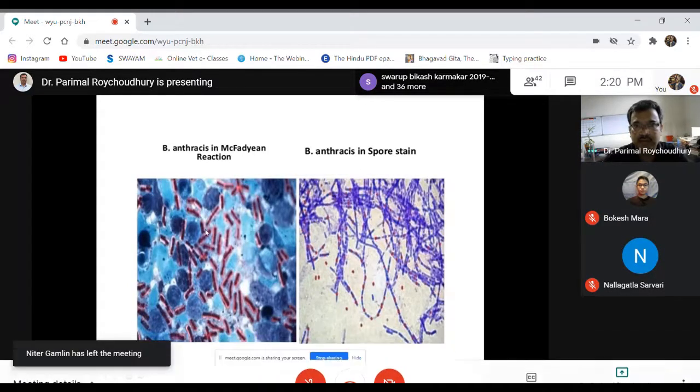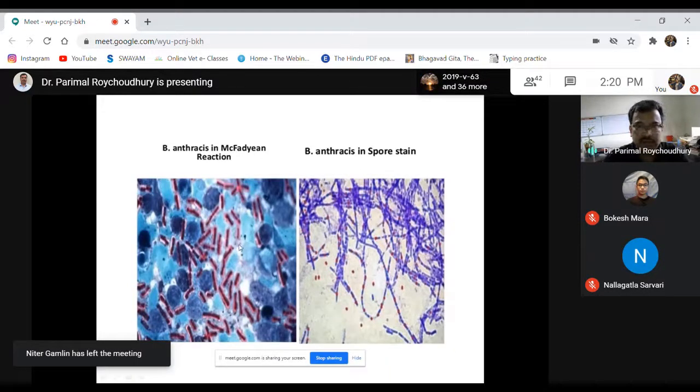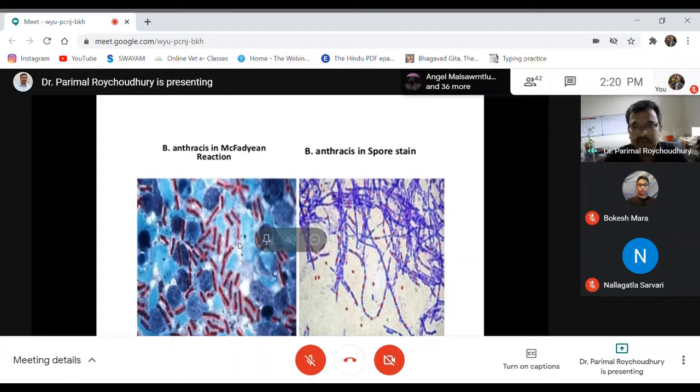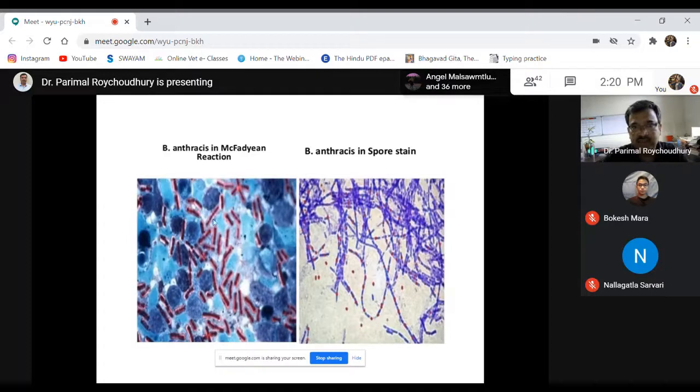Usually human infection is relatively rare, but if this bacteria accidentally enters from animal into human, it causes fatality. These are Bacillus anthracis. They are also bacteria, and we'll learn more about it.